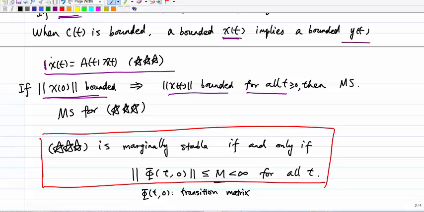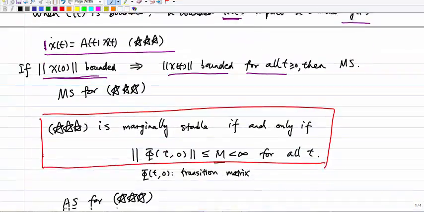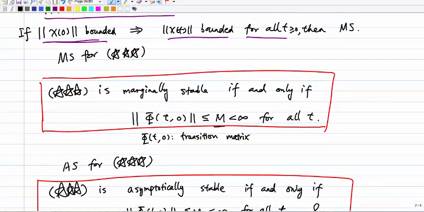You can see this is equivalent to saying that my original system is marginally stable if my transition matrix has a bounded norm for all t. Similarly for the asymptotic stability, the definition is straightforward.